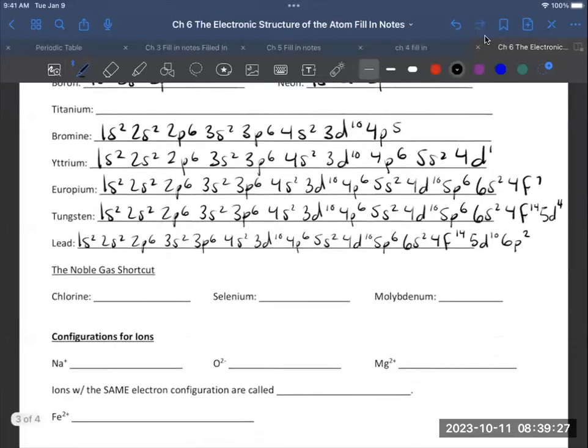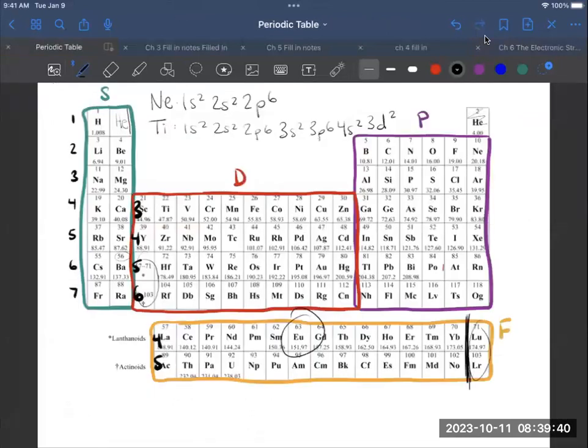Now, these things get really complicated, and who wants to write all of this, right? This is so much. So instead, there is something called the noble gas shortcut that you can do. For chlorine, what you want to do is find the noble gas that comes before chlorine. Remember, this is the noble gas column.